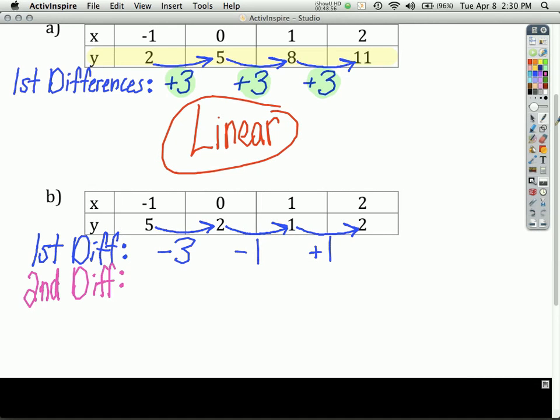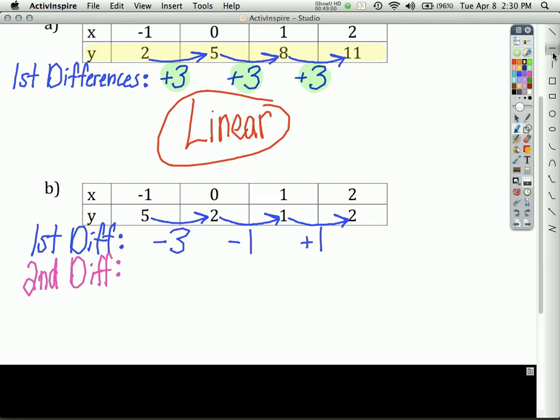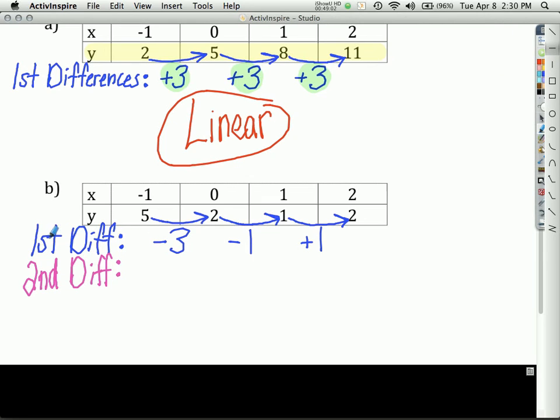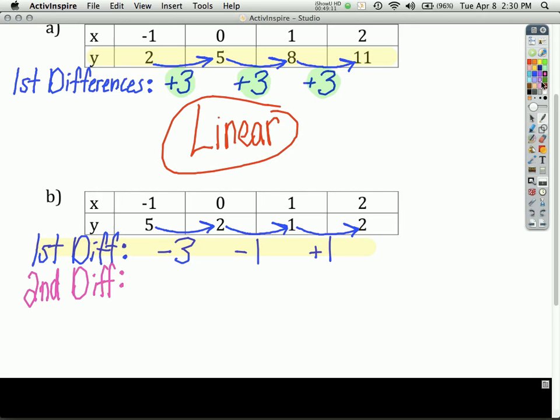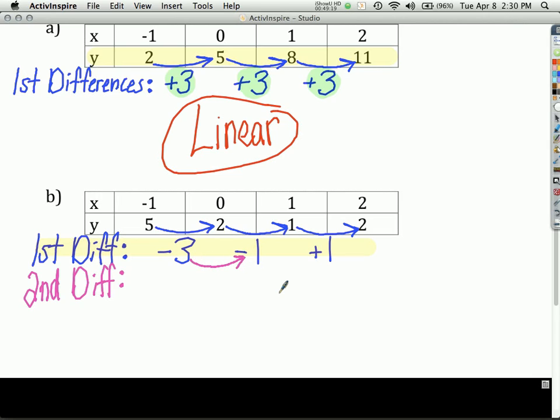And now we're going to actually explore this row. We're going to explore these numbers and what trends we can see here. So what do we do to go from -3 to -1?